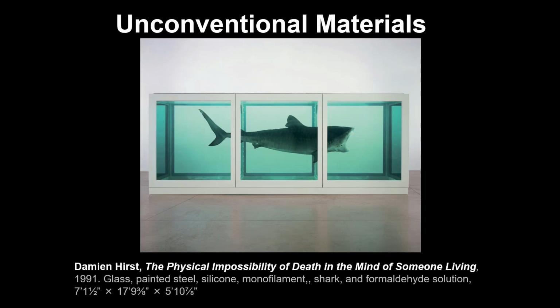There are unconventional materials. Damien Hirst is a British artist who deals with the unconventional, deals with the shocking. Damien Hirst came out of a movement of artists in the 1980s in Britain that were known collectively as the YBA, literally the Young British Artists.